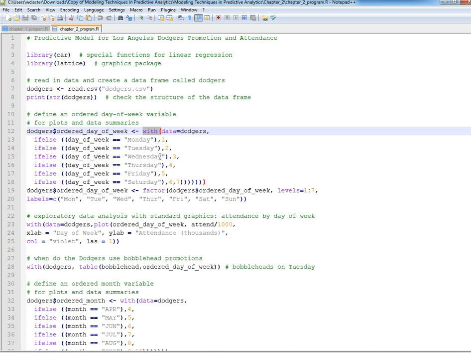With. With what? With the data equals Dodgers. So we only have to refer to the variable names here. We don't have to say Dodgers each time.